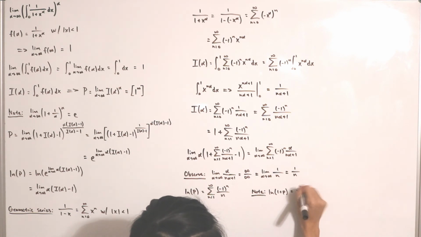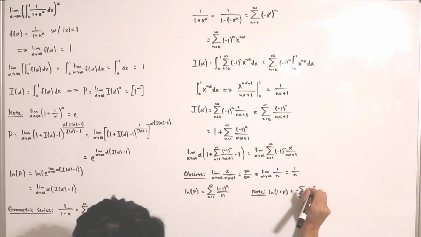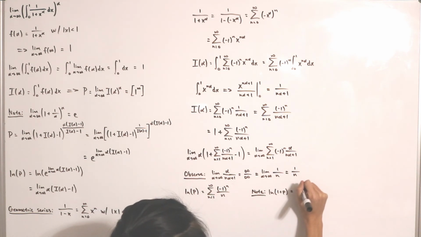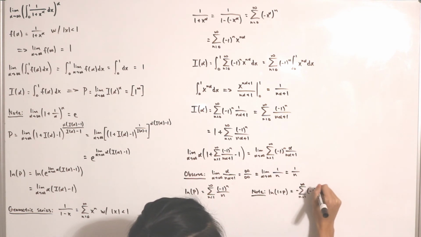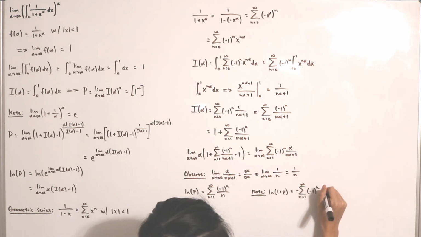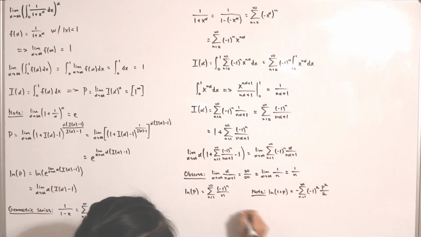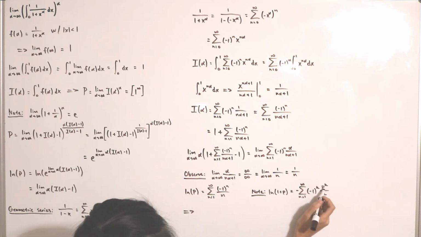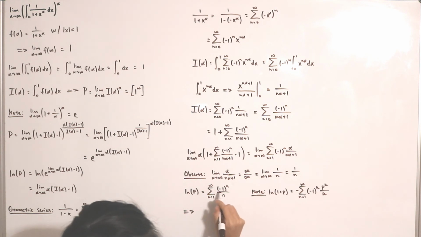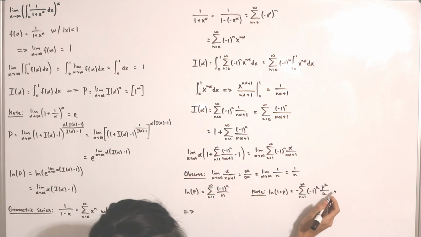Specifically, you can write this as the negative summation from k equals 1 to infinity of (-1)^k multiplied by p^k divided by k. Notice that for the infinite series we're focusing on, p is equal to 1.